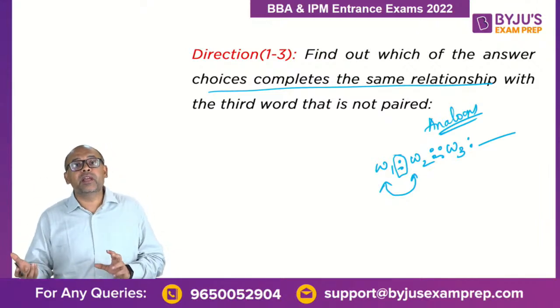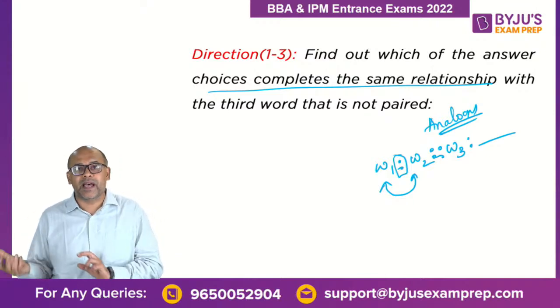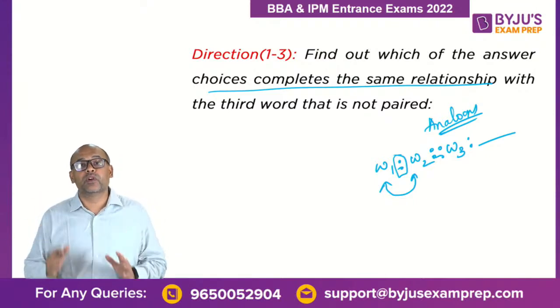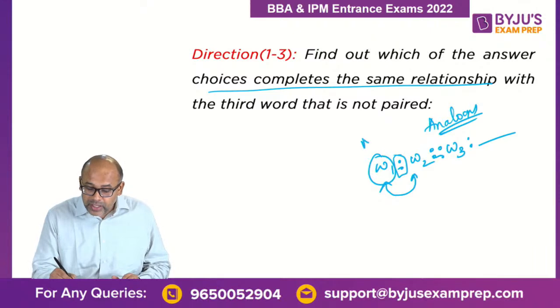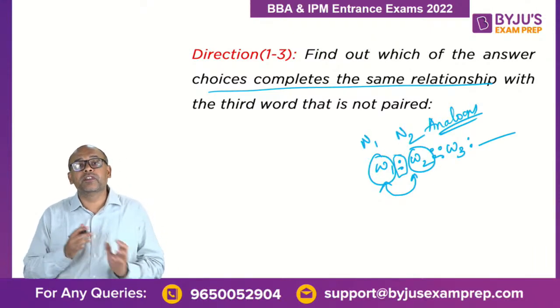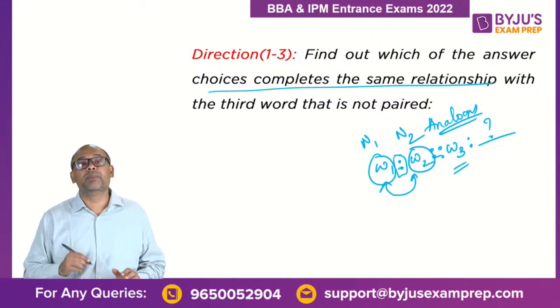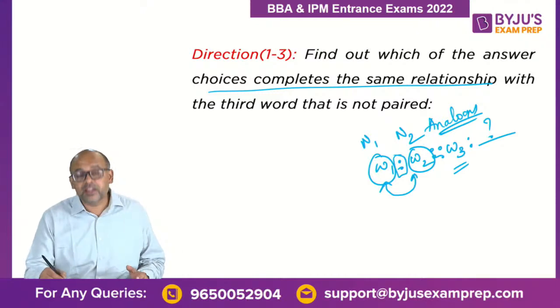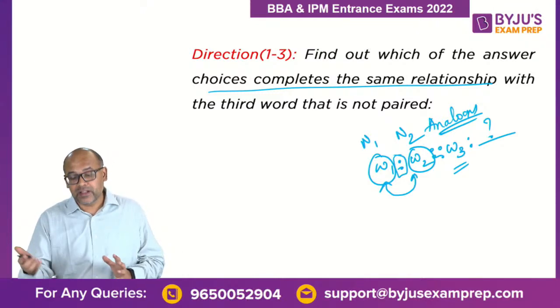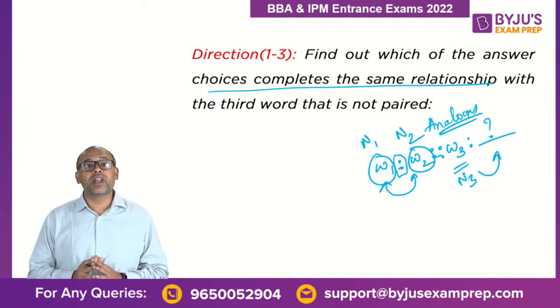That thinking ability can be checked using English or numbers, which is maths. But the logic is what they want to test. So how are these two numbers or words related? Using that relation, you have to figure out what the blank should be filled with. If it is a word, you should get another word. If it is a number, you should get another number over here. That's basically what is called analogy.